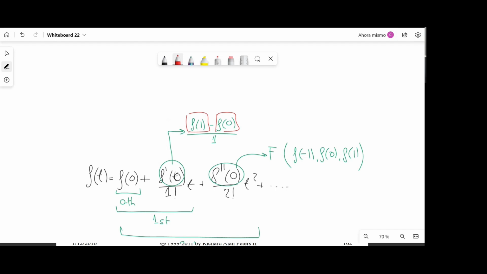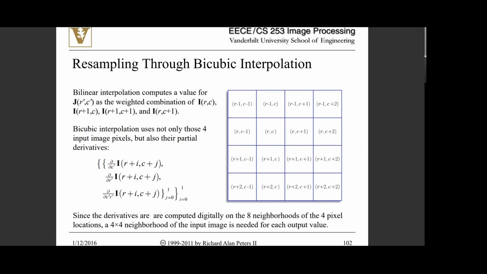So I will take these two values for the derivative and then these two. And then I can tell you how the derivative is changing. So if you take just these four values, I can tell you how the function is changing and how is the derivative of that function.